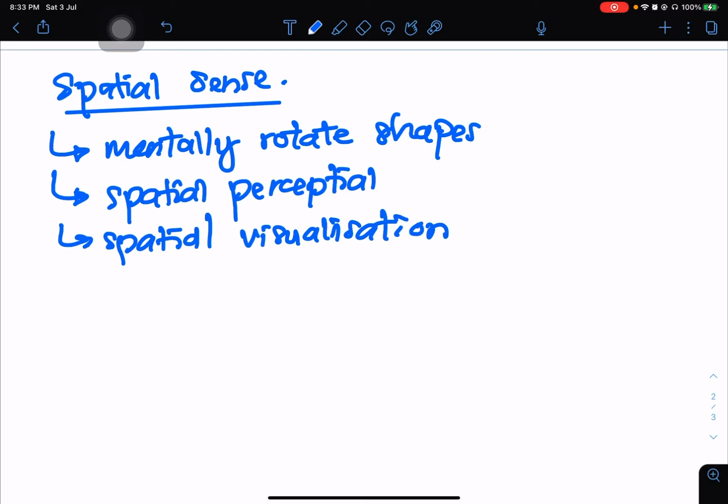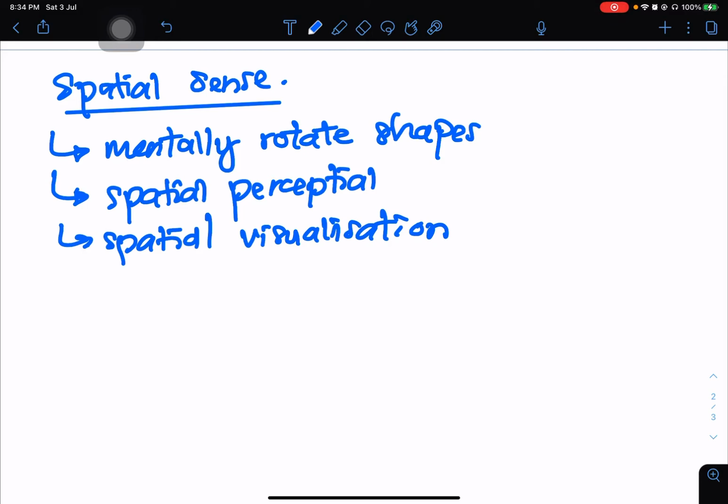This is where the students will be able to identify or find hidden figures embedded in a distracting background. So that is spatial visualization.